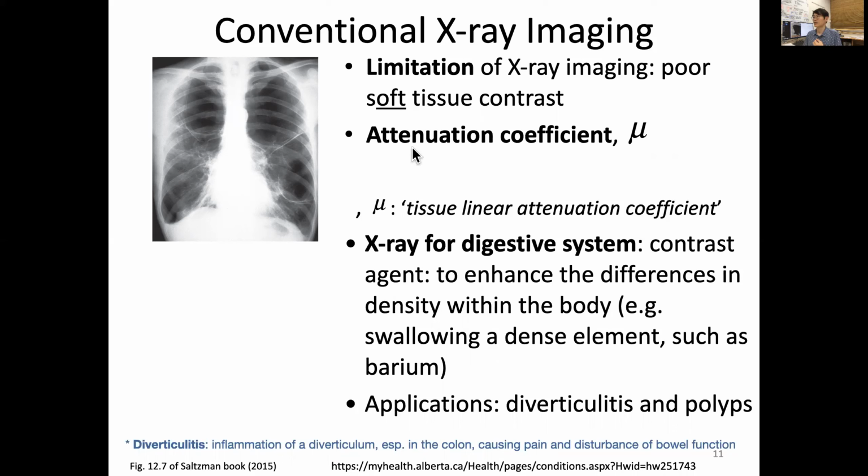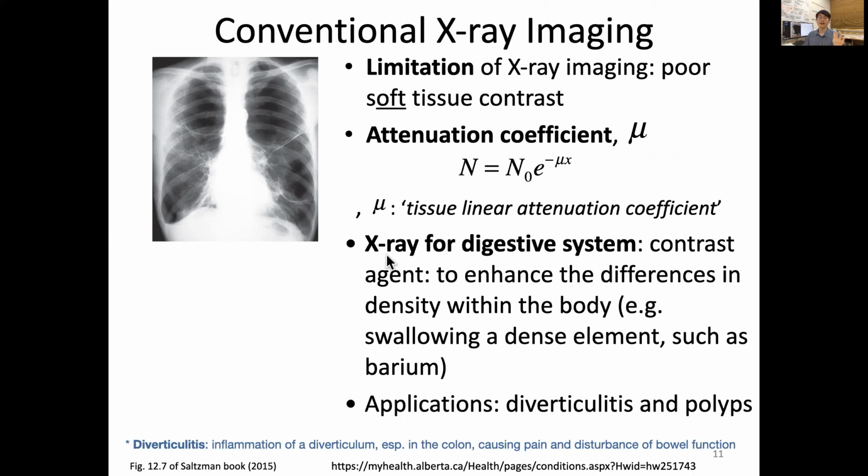So we are based on this attenuation, and we can have an attenuation coefficient for each of these tissues. The original signal N0, after going through this x amount of tissue, will be reduced by exponential decay, N equals N0 e to the minus mu x. That mu is called the tissue linear attenuation coefficient, and you can see the unit will be 1 over length.